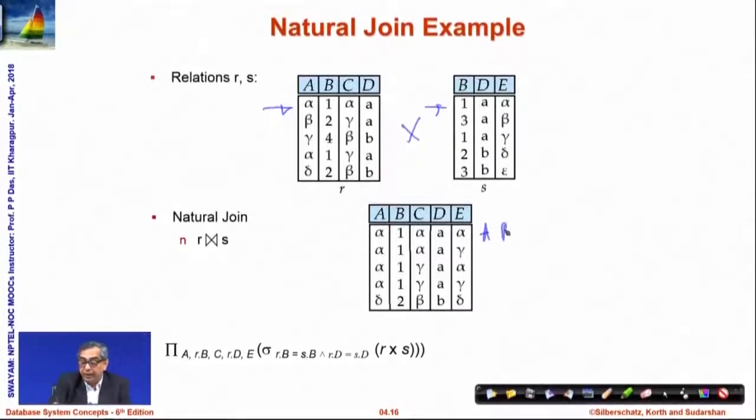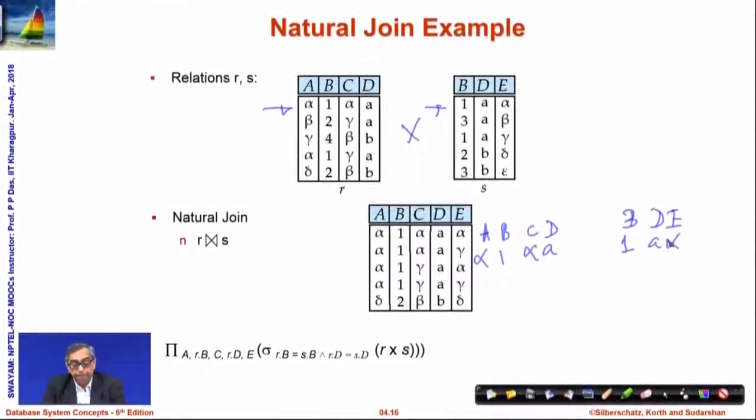So, I have A, B, C, D from R, and B, D, E from S, alpha A 1 A alpha. Now, they match on B, they match on D. So, this will get retained.